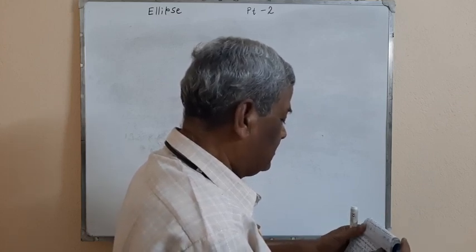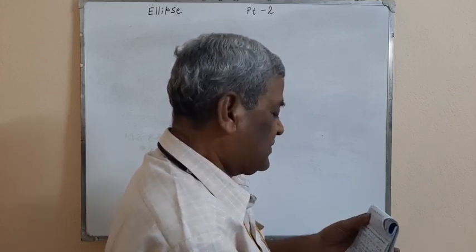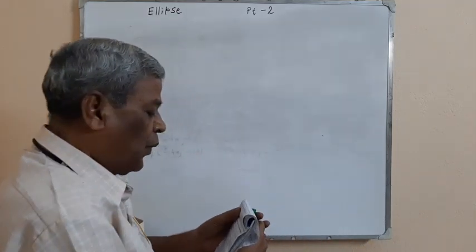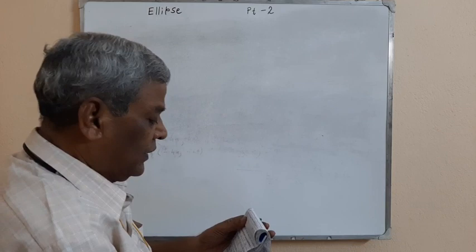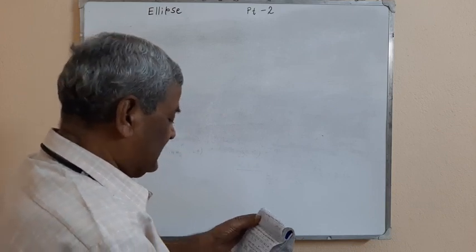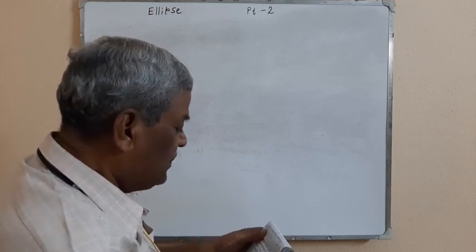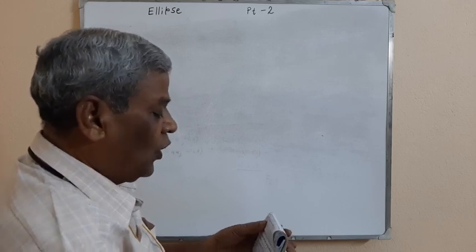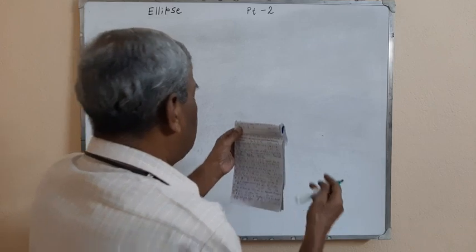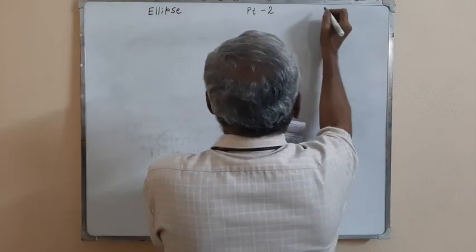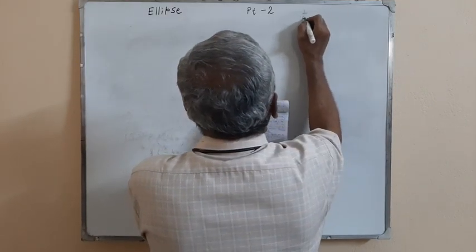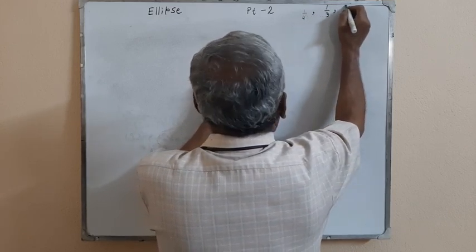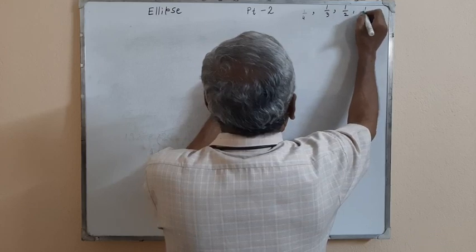S and T are the foci of an ellipse, and B is the endpoint of the minor axis. If SBT is an equilateral triangle, the eccentricity of the ellipse is: options 1 by 4, 1 by 3, half, and 1 by root 3.